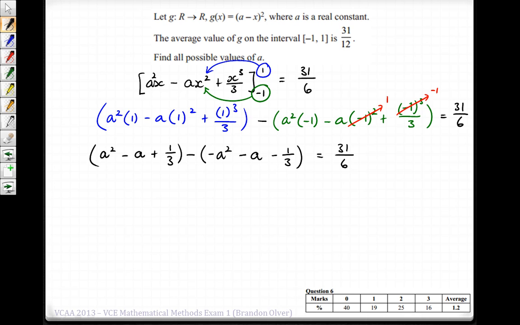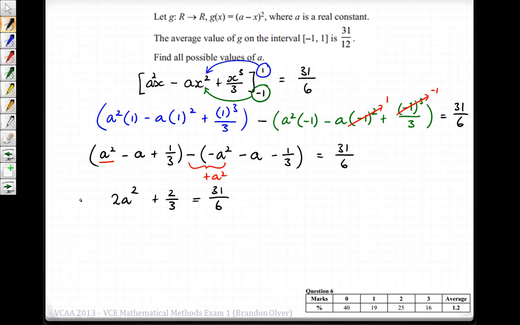So now take a bit more cleaning up, but we'd end up with 2a squared, because we'd have here a squared, and that's going to become plus a squared. So my next line, I'm going to have 2a squared. My first one has a negative a, my second one gives a positive a, which is no a's, and I have plus a third minus 1/3, which will give me plus 2 on 3 to equal 31 on 6.